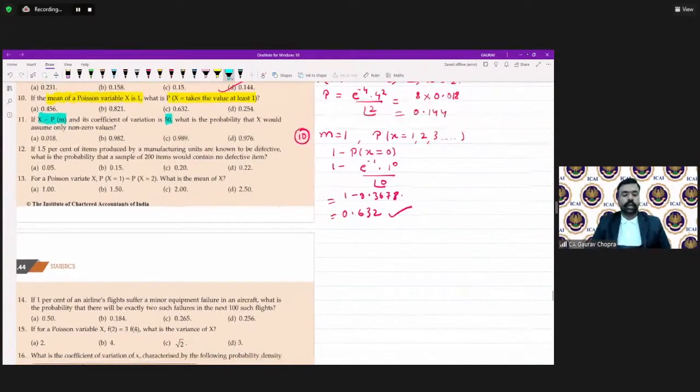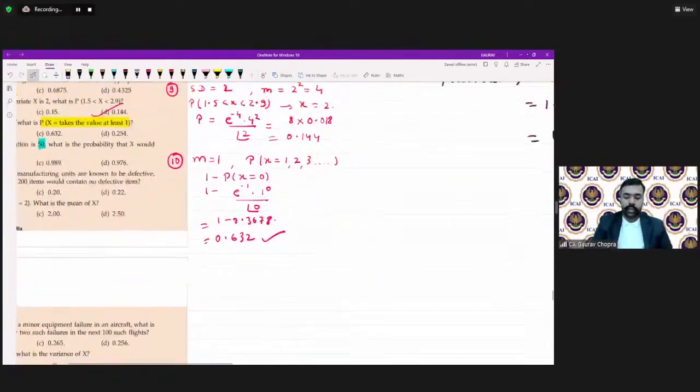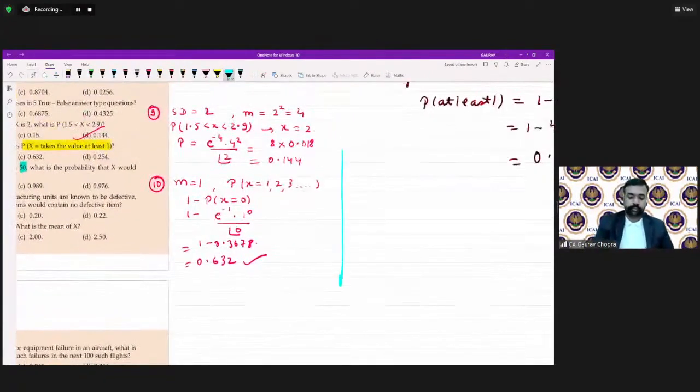So first of all, we have to find out mean. So how will we calculate mean here? So CV is equal to 50. Now what is the formula for CV? CV is standard deviation upon mean multiplied by 100.